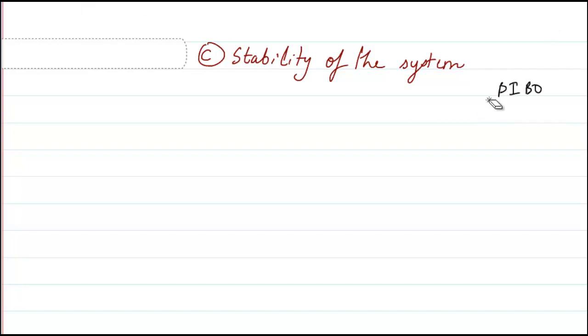So a system will be BIBO stable if, I will write that equation first, the summation of the absolute value of h of k for all values of k going from minus infinity to infinity, if that is finite, then the system is stable.